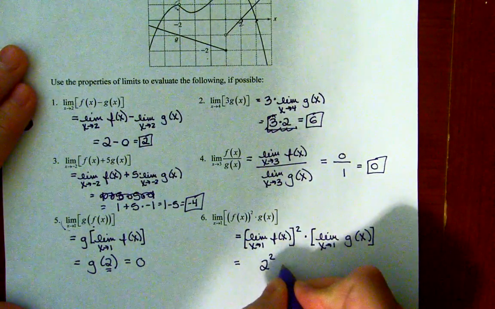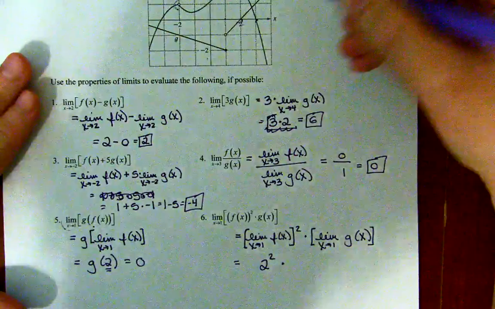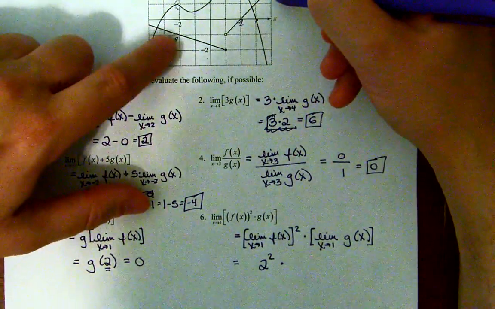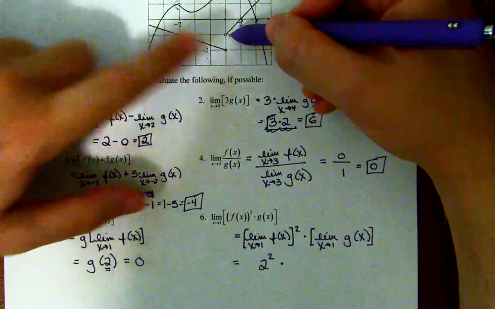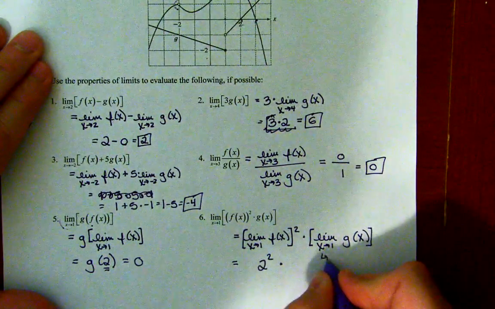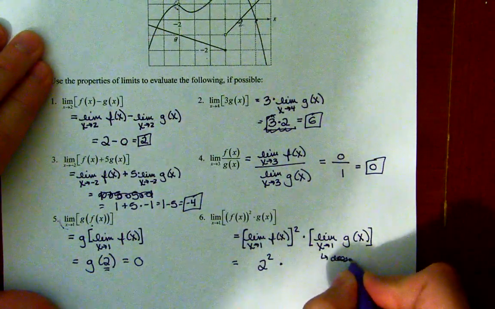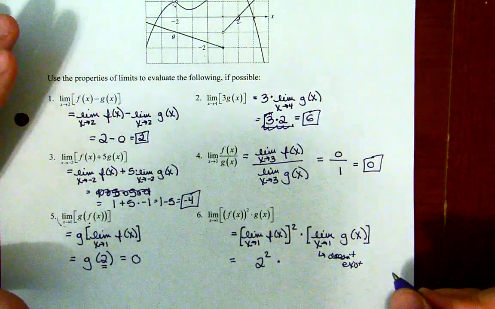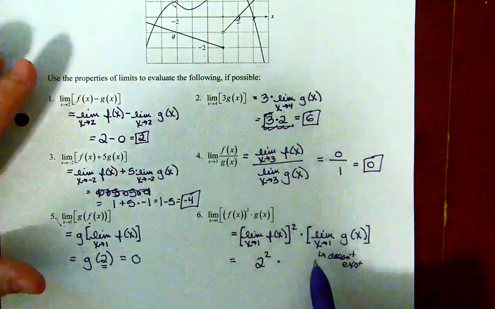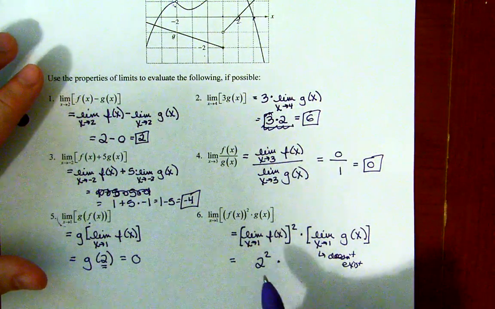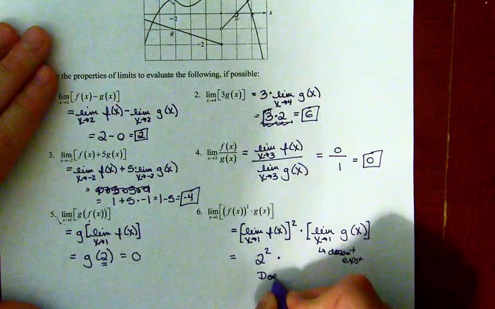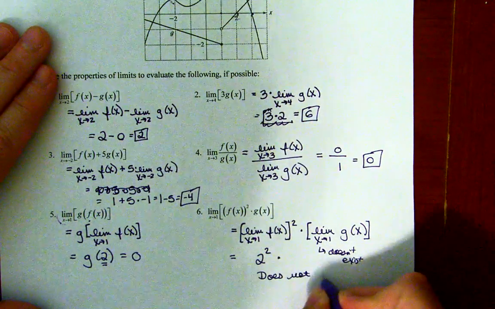So I'm going to do 2 squared times limit as x approaches 1 of g of x. Oh, okay, that's a problem. There is no limit there. That limit doesn't exist. Doesn't really make sense to talk about the problem 4 times does not exist. If any part of a product here doesn't exist, your overall limit does not exist. So I have to say my answer for number 6 is does not exist.